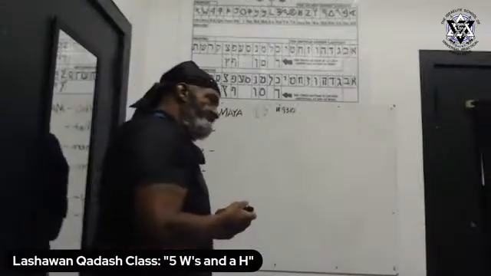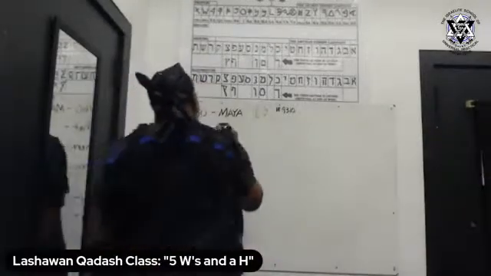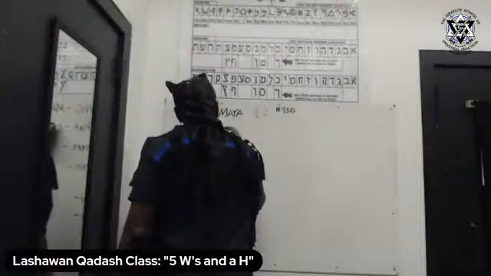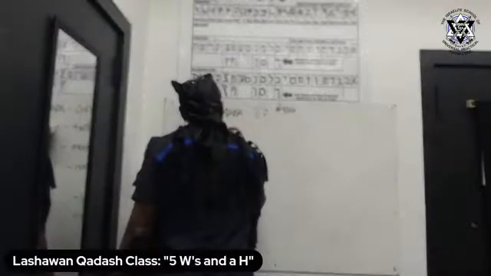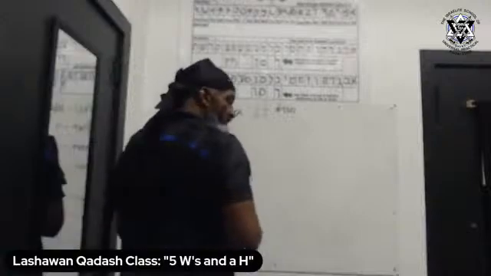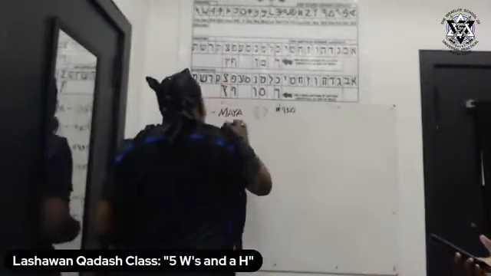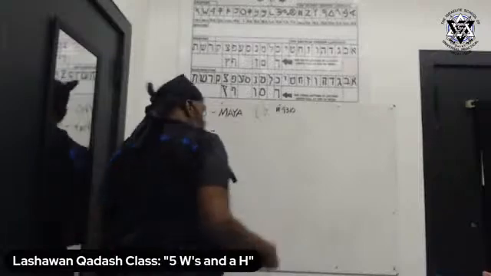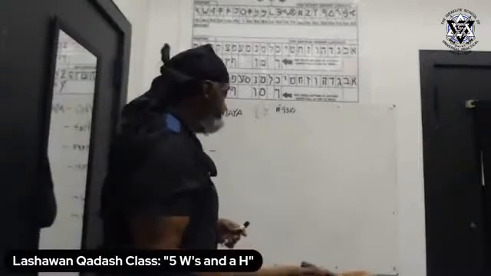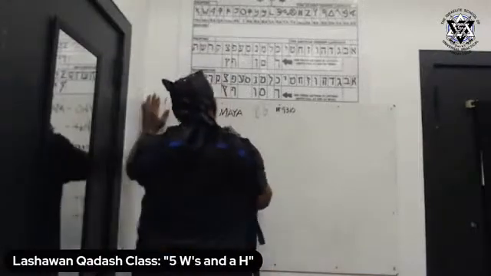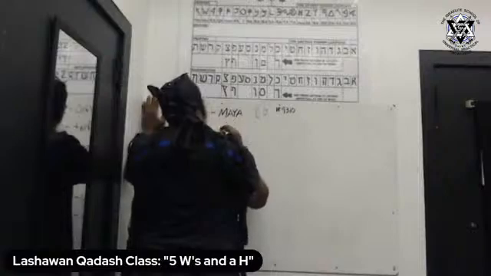Otherwise, as far as what, it's going to be ma, M-A. I want you to write it just a little bit bigger, as big as I did for the first one. So I spelled it out for you.